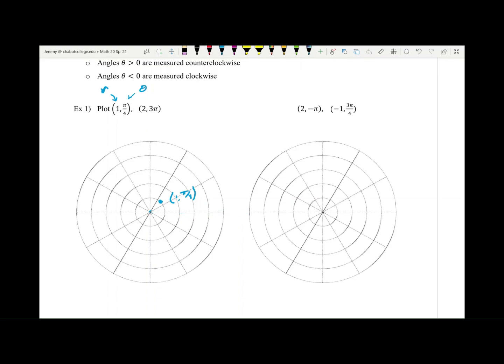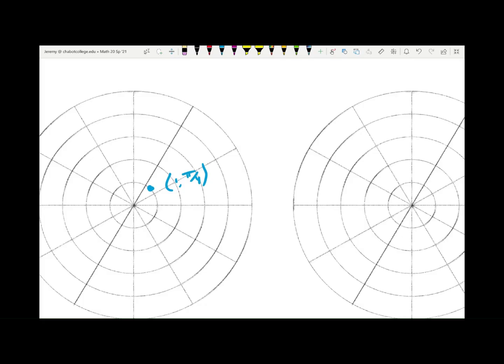Quickly, I want to point out, we could also represent this point in rectangular coordinates. What would this ordered pair be in rectangular coordinates? Well, I'm just going to tell you, this is the ordered pair root 2 over 2, root 2 over 2. In rectangular coordinate land, we say, how far do you go in the x direction? How far do you go in the y direction?